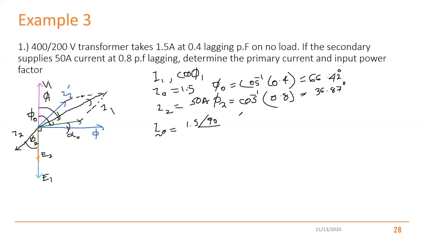Alpha naught is 90 minus phi naught. Phi naught is 66.42, so alpha naught is 23.58. So 1.5 times this angle.